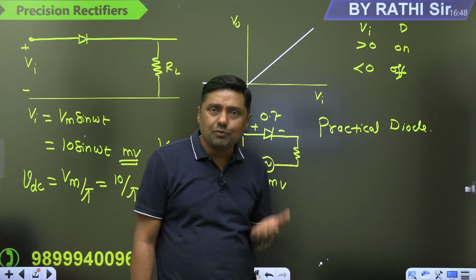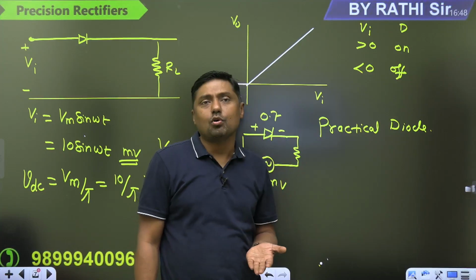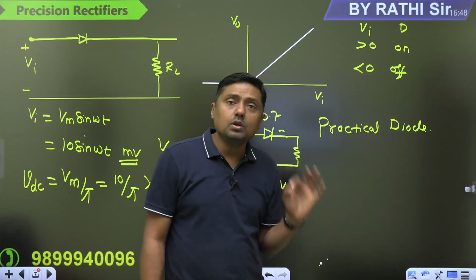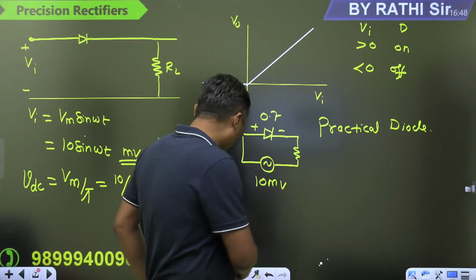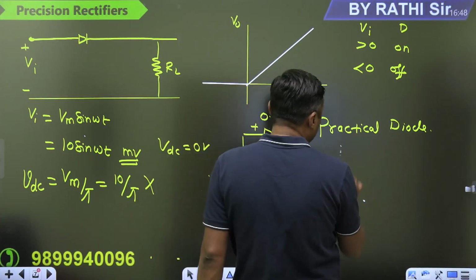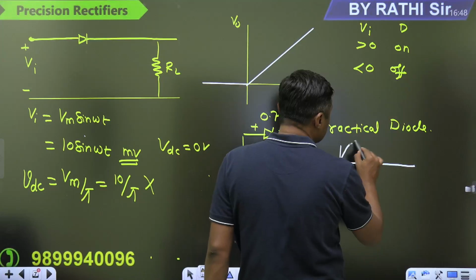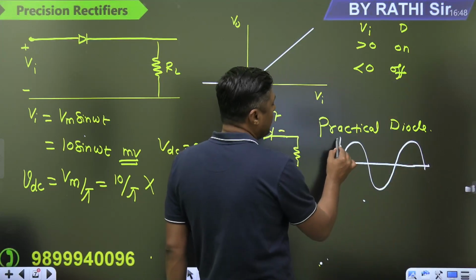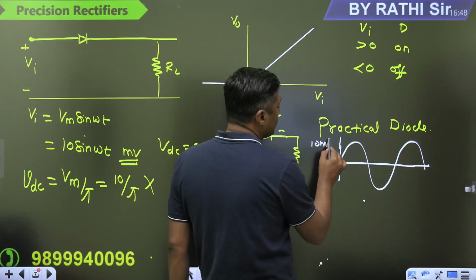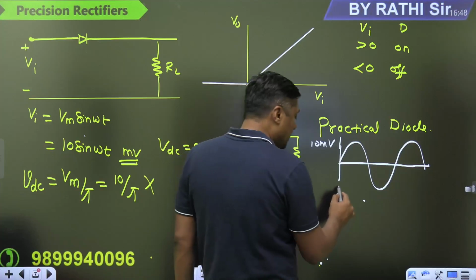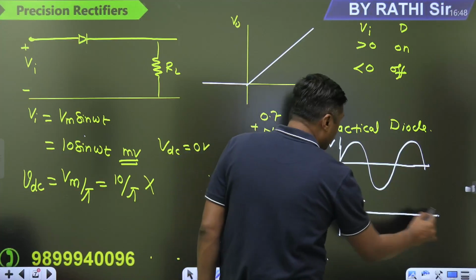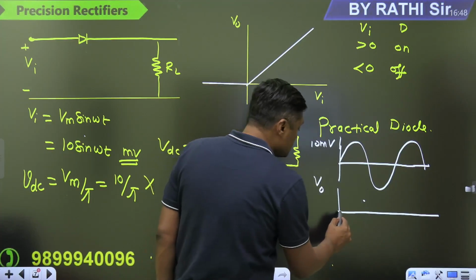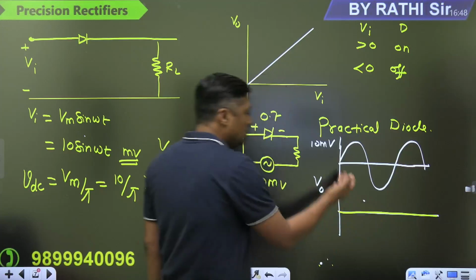For 10 millivolt, it is less than 0.7 volt, and that's why the diode will remain off for the full cycle of input, because that signal is very small. The diode will never conduct. So what will be the output? Output is 0, because the diode will not conduct.